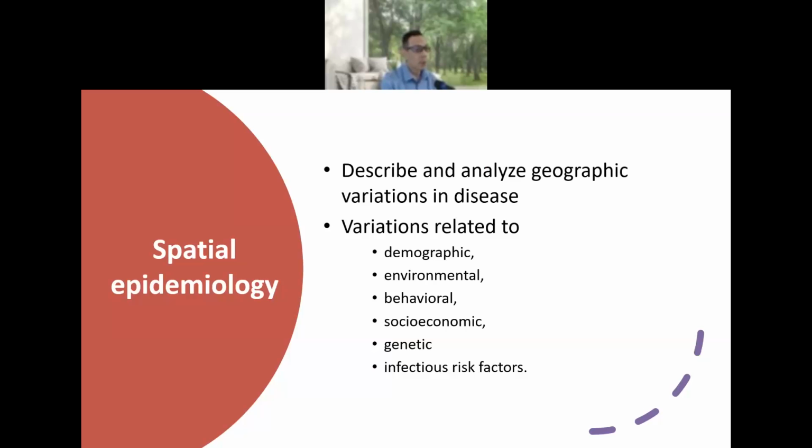Is it because there are more people there, or is it because there are risk factors in the area, for example, some carcinogens or some other factors that may be risk factors for cancer in those areas? But to be able to do that, we have to have information about the geography or the locations of the disease of interest or the health event of interest.